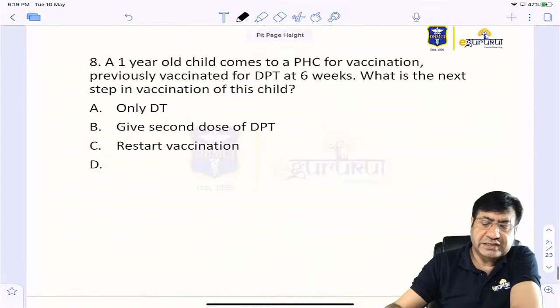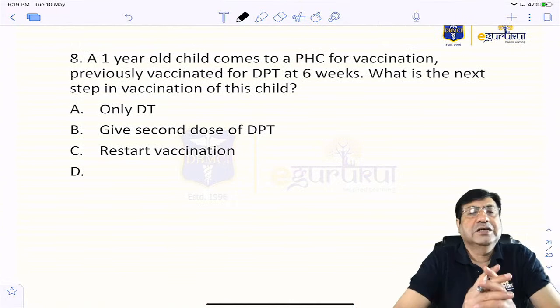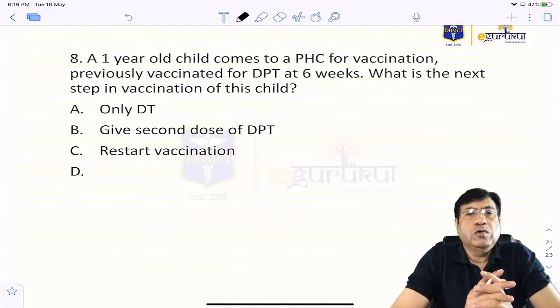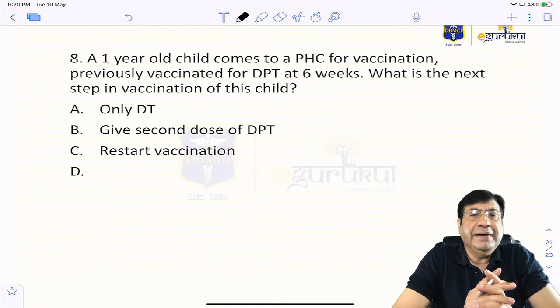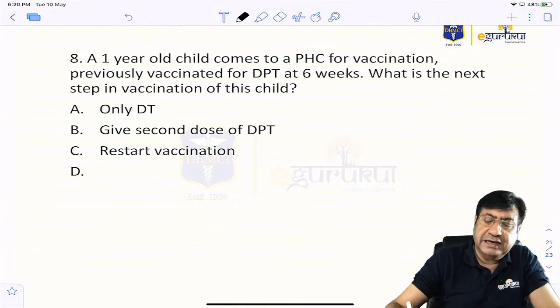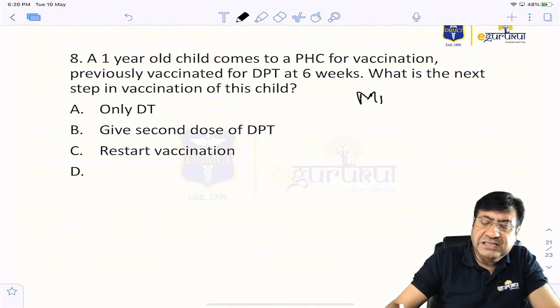This was the last question, which is about a 1-year-old child who comes to a primary health center for vaccination, and the child was previously vaccinated for DPT at 6 weeks. Now this is a case of missed vaccination.